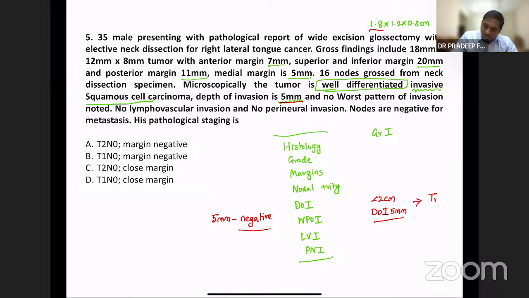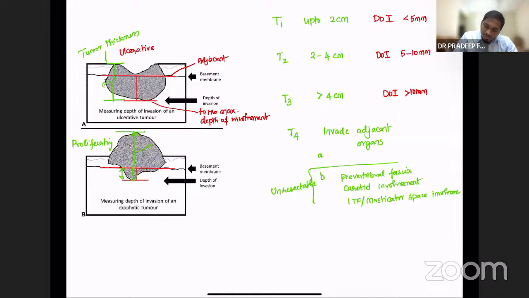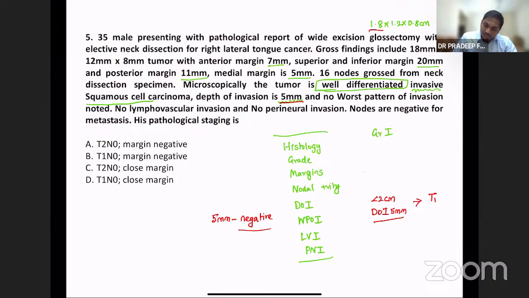All 16 nodes are negative. So the final answer is T1 N0 and a negative margin. It is not T2 since the depth of invasion is only 5 and the size is less than 2 centimeter. And the margin is not close because the narrowest margin is 5 mm. If it is 4.9 mm, it is considered a close margin.